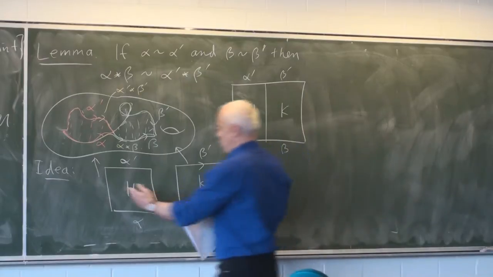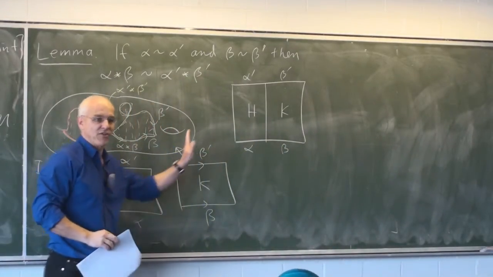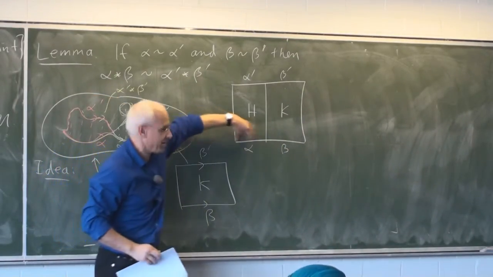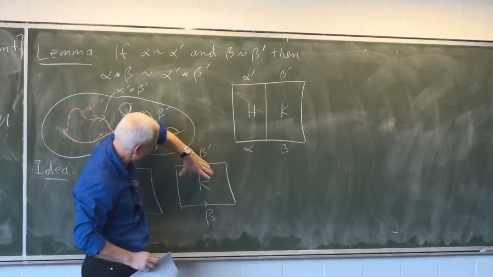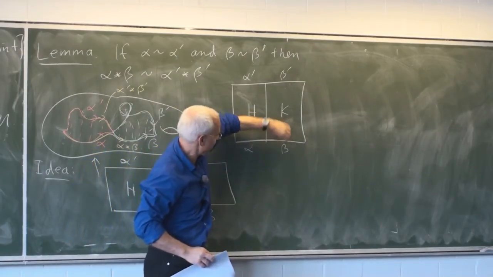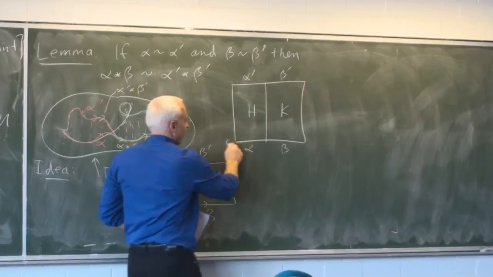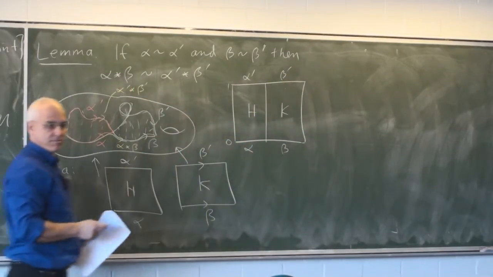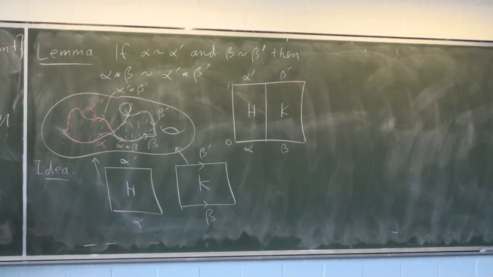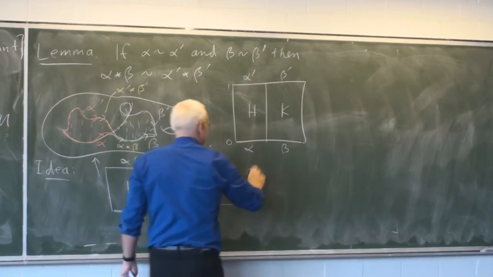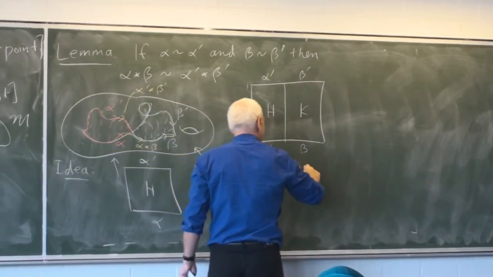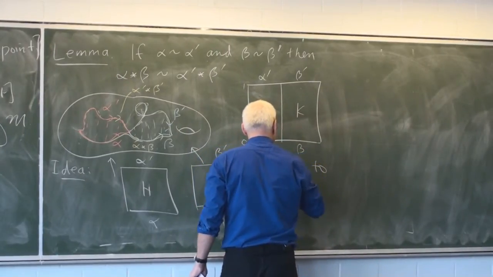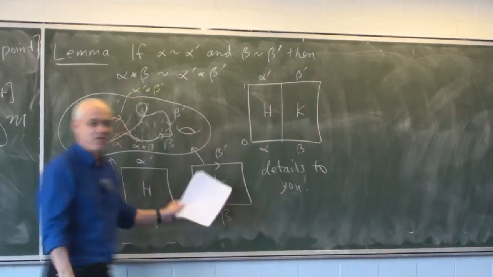We just have to go in this direction twice as fast to cram this into this half interval here, and go this twice as fast to cram it into that interval there. And then that's going to be a homotopy from alpha times beta to alpha prime times beta prime. So the details are left to you. You can write down formulas if you like.